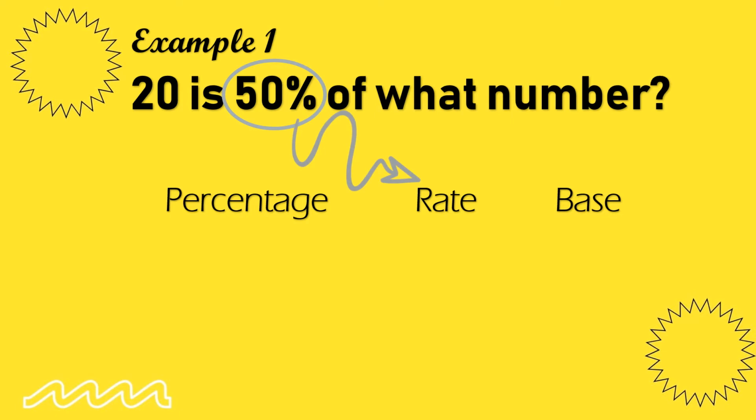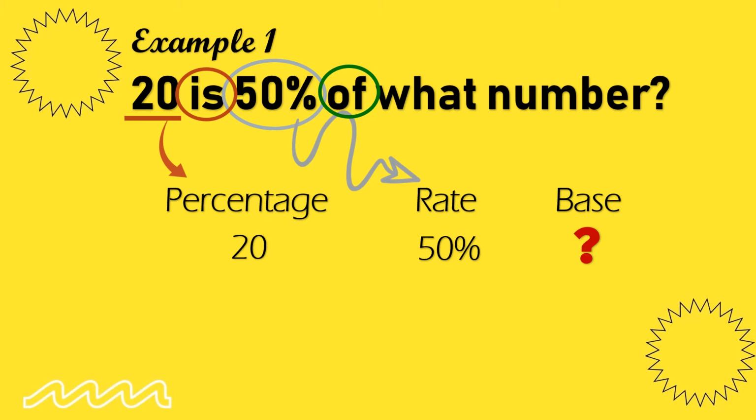As of this moment, 50% is the number with the percent sign. Then, we look for the keyword "is." Obviously, 20 is beside the keyword "is," so it is the percentage. Now that we already have the value of the percentage and rate, automatically the unknown number is the base. And we can also see the keyword before it, which is "of."